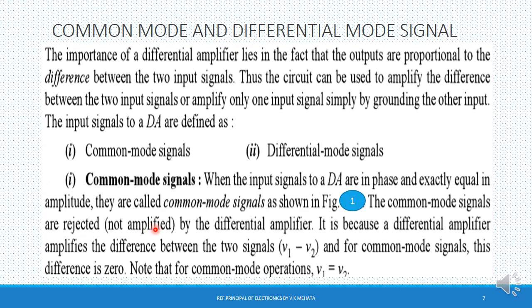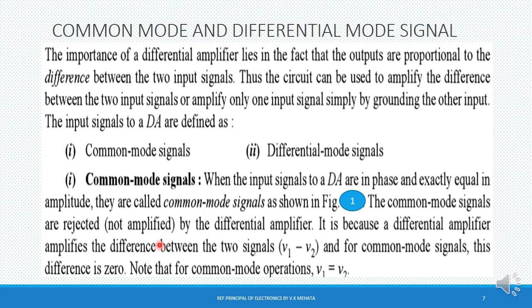Why is it not amplified? Because in the differential amplifier the difference between the two signals is amplified. We have already studied that the differential amplifier is nothing but an amplifier of the difference between the two signals. Whereas when you apply common mode signals, the difference is zero.